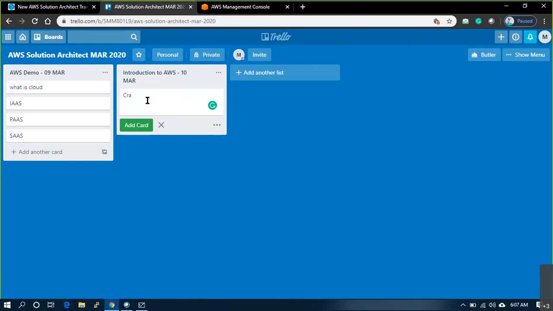So first thing is you need to create an account in AWS. How to do that we'll see.